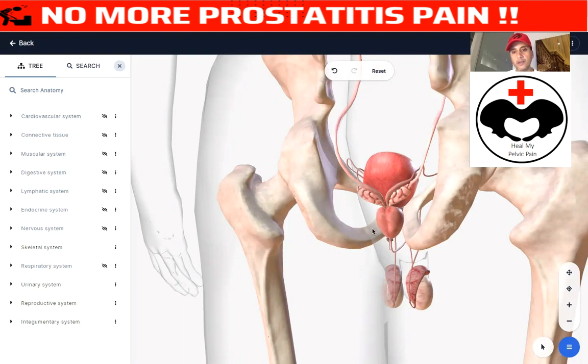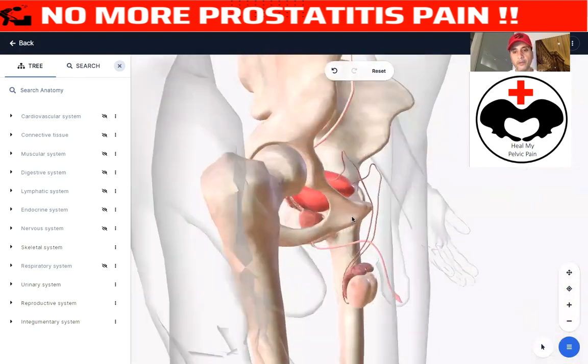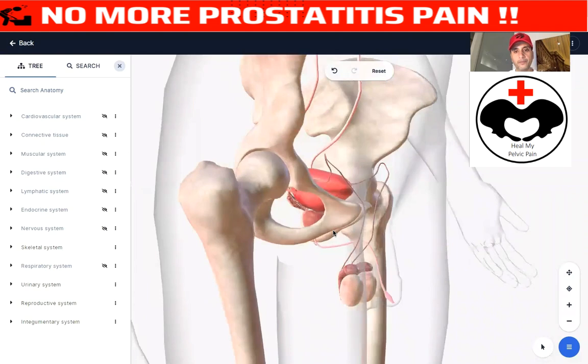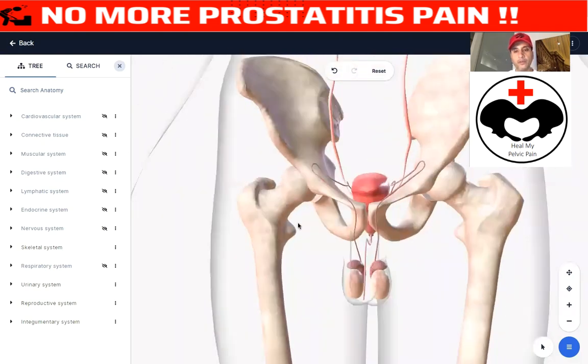Right on top of the prostate, the bladder sits. And the urethra, which the urine comes through, actually runs through the prostate, right? So it runs through to the penis. And here you can see the male organs as well. So this is a view of the key organs that are involved.